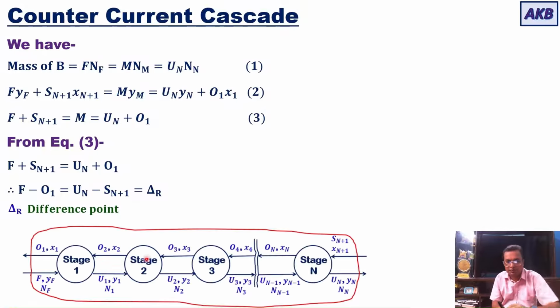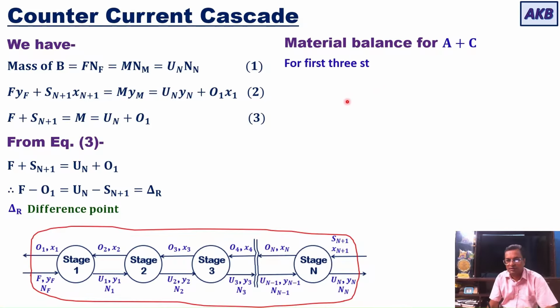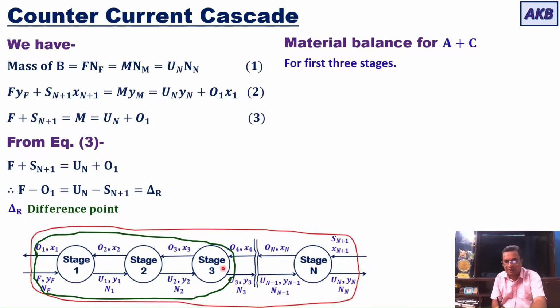Now, in order to show something regarding delta R, I will take the entire cascade into my discussion, but this time I will consider only the first 3 stages from the cascade, and write the material balance for the solution for the first 3 stages. Let me show you those 3 stages. These 3 stages are included in this green envelope.